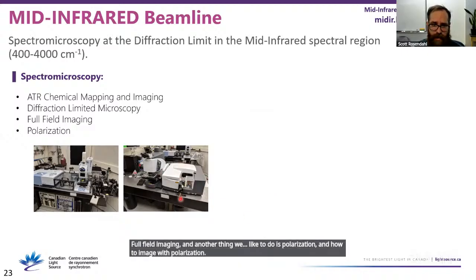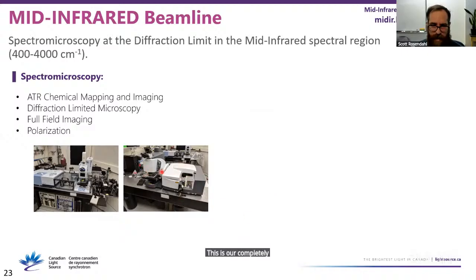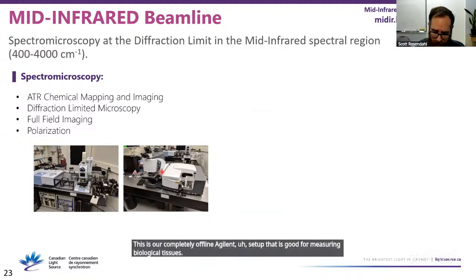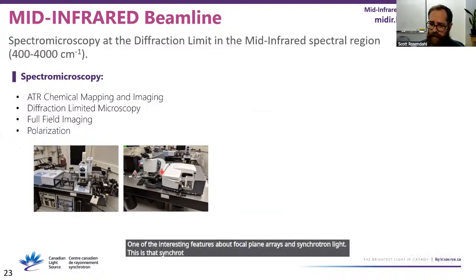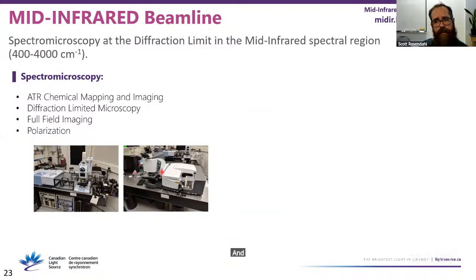This is our completely offline Agilent setup that is good for measuring biological tissues. One of the interesting features about focal plane arrays and synchrotron light is that synchrotron light is very small and doesn't fill the FPA.